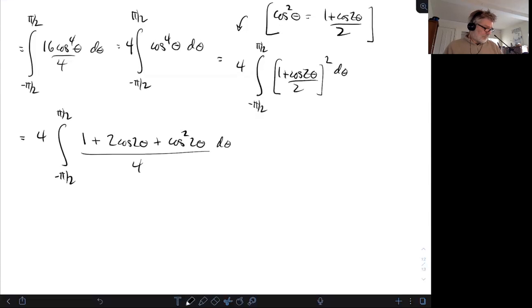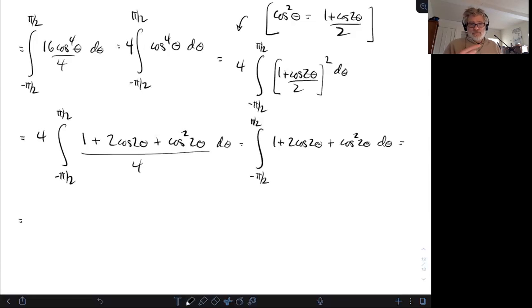Right? Let's cancel out those 4s. And this is 1 plus 2 cos 2 theta plus cos squared 2 theta. Like that.